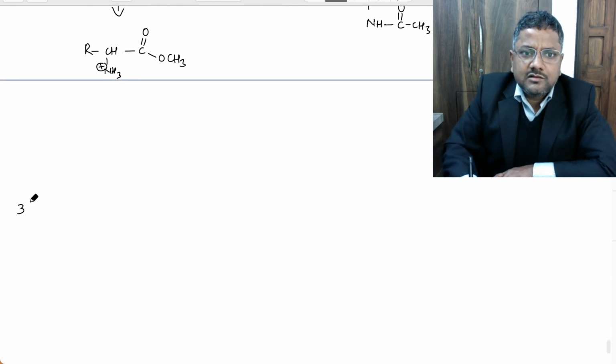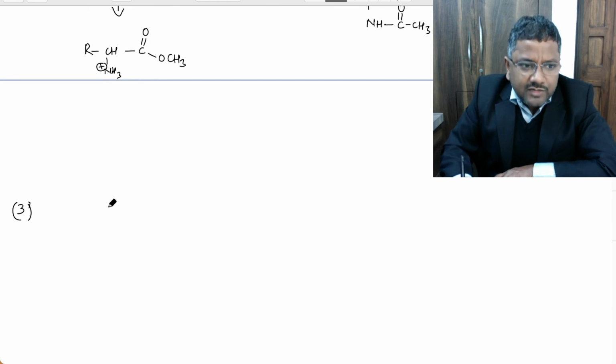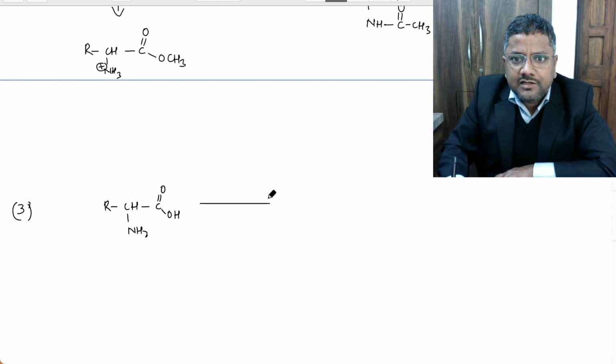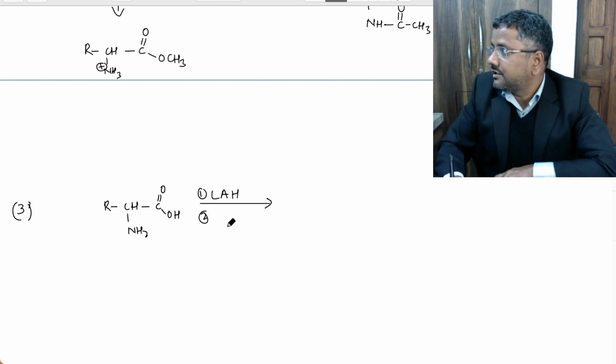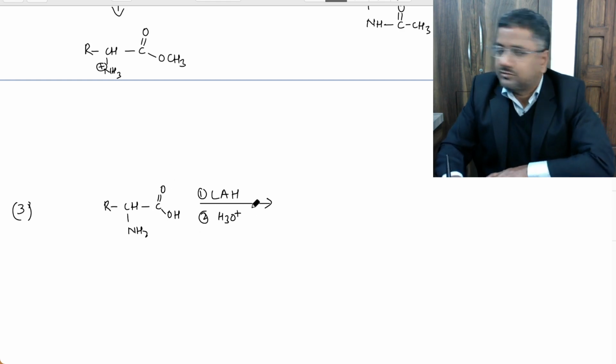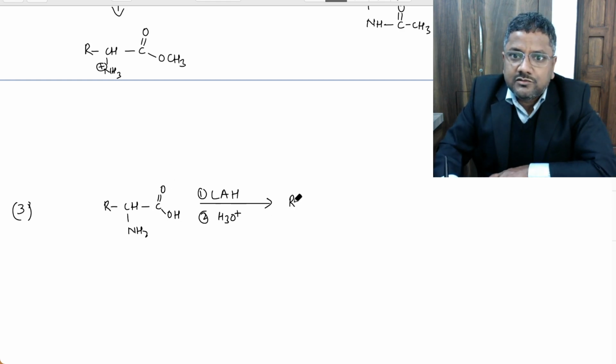Similarly, if you take R, CH, NH2, COOH, and lithium aluminum hydride first, and second hydrolysis, so you will get, this COOH group will be reduced into CH2OH, so you will get RCH, NH2, CH2OH, right?